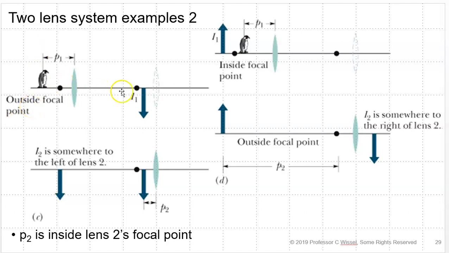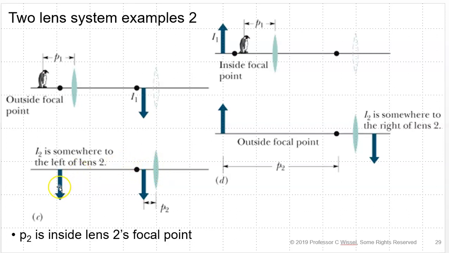Another example here, we have the object is outside the focal length. Here's the focal length. Here's where the lens is going to be, the other lens. Here's the image from this lens. That's I1. Now we draw this here, okay? And here we have this object, which is the old image, I1, is now inside the focal length of the lens.